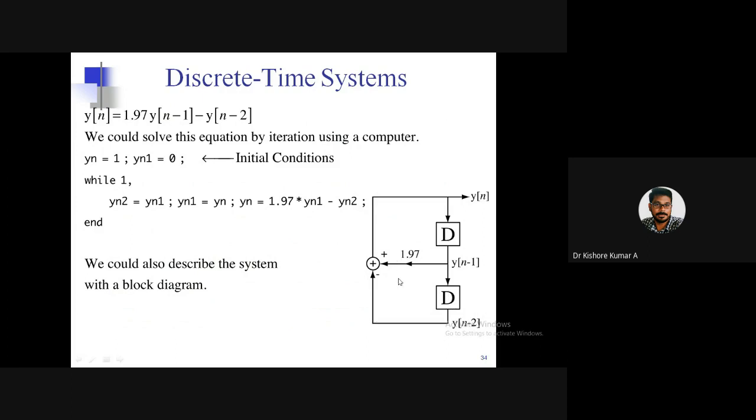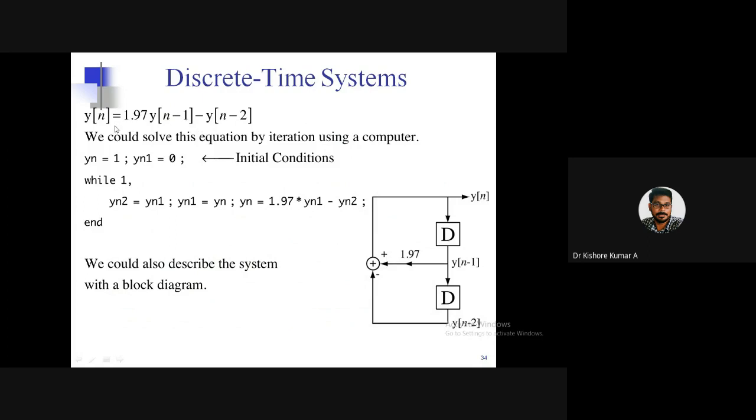If both the signals are summed up here, at this point you will be getting 1.97 y of n minus 1, minus, see here it has been mentioned minus, therefore minus y of n minus 2, which gives the output y of n.